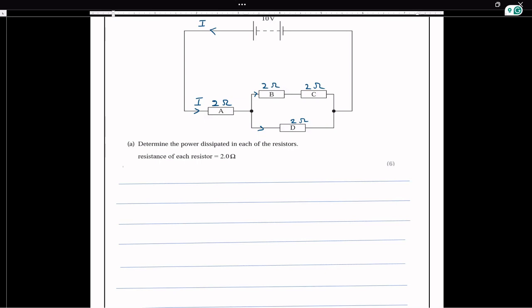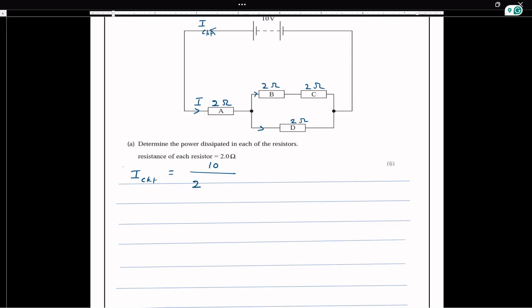So how much is the circuit current? I circuit, the main current, equals the total voltage 10 over. Now look at the resistors, how they are connected.